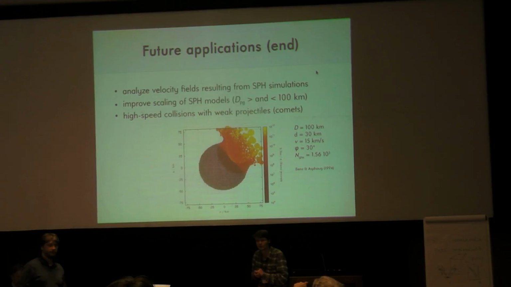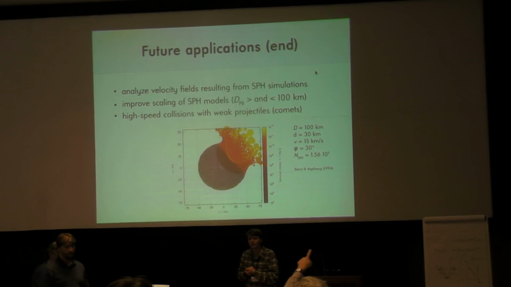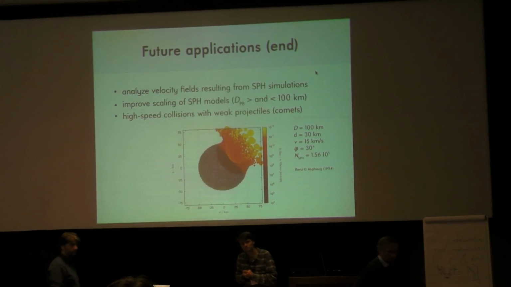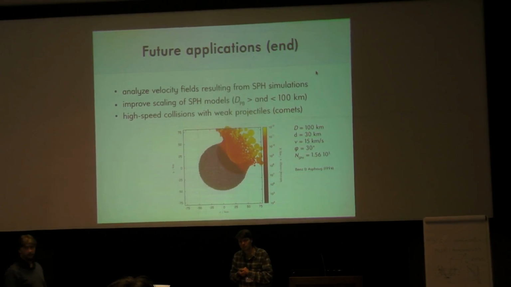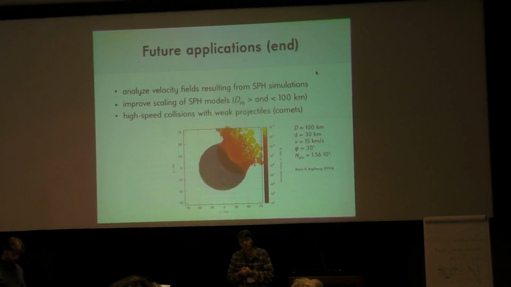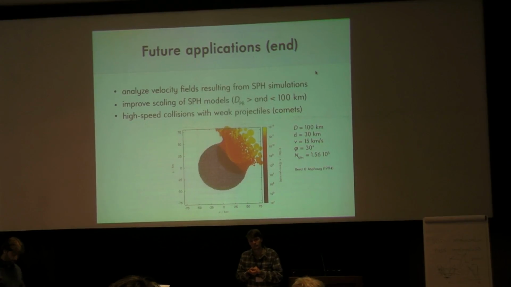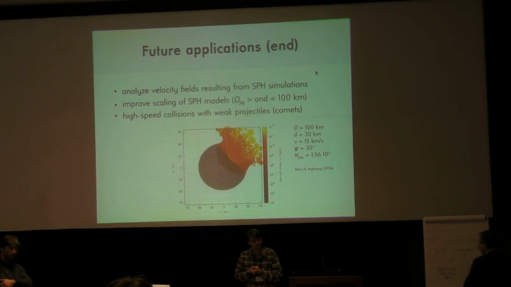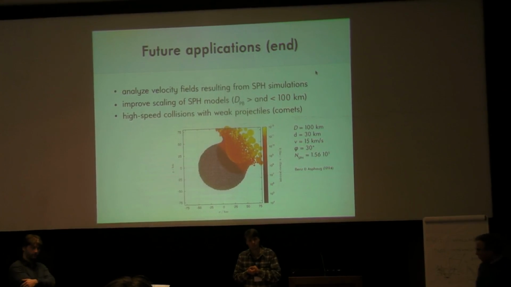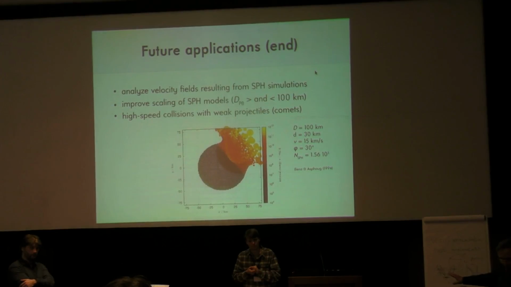I'm interested in the first point that you have in your last slide, the analysis of velocity fields resulting from SPH. The reason is that we have just submitted a paper with Paolo Paolicchi. The problem that we have is that we want to understand how there is a reaccumulation of the fragments predicted by these models.